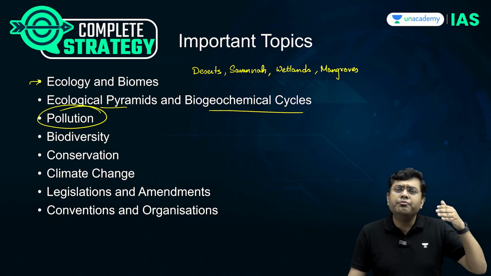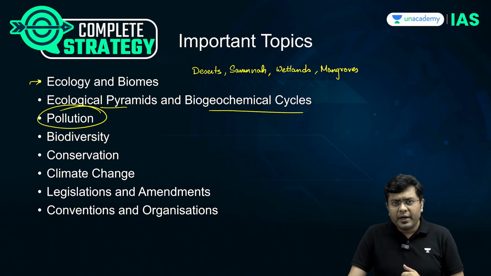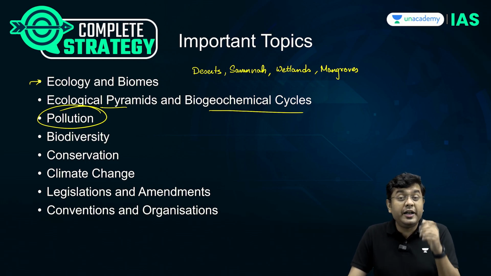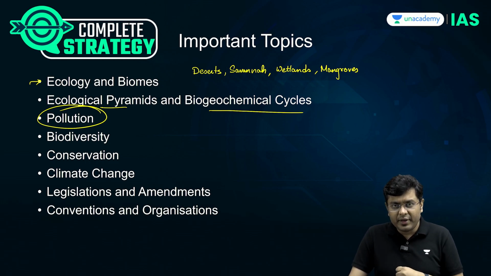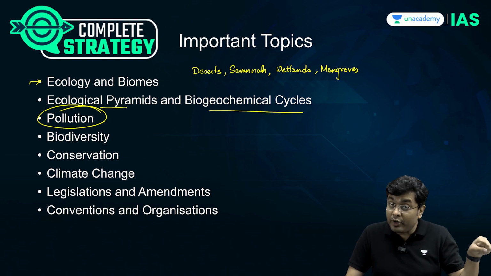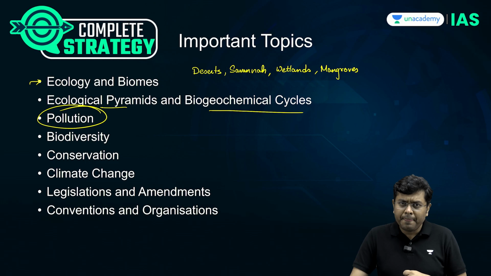Along with that, you have more than 53-55 tiger reserves, around 33-34 elephant reserves, around 75, or now you have 82 Ramsar sites. You have biodiversity heritage sites. You have biosphere reserves. You have mega diverse countries. You have biodiversity hotspots. How many of them will you be able to learn?